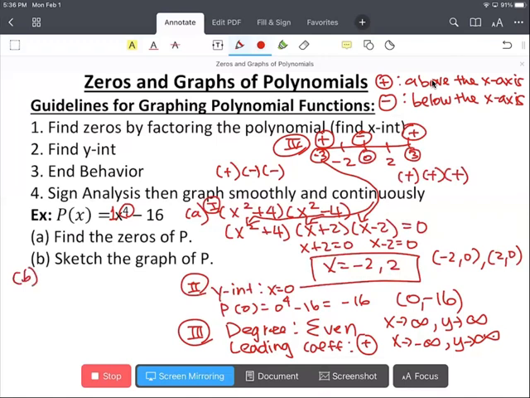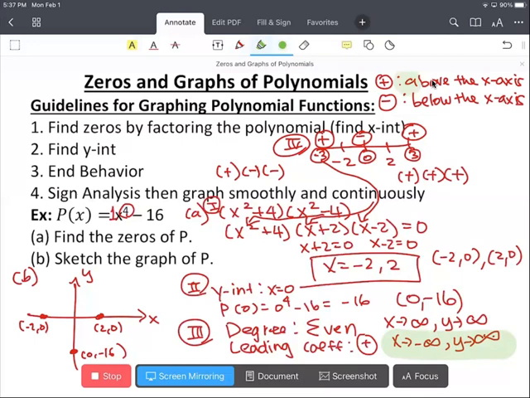Now we can answer B. I'm going to use step 1, use -2 and 2. And from step 2, we have (0, -16). Also from step 3, as x approaches -infinity, y approaches positive infinity.